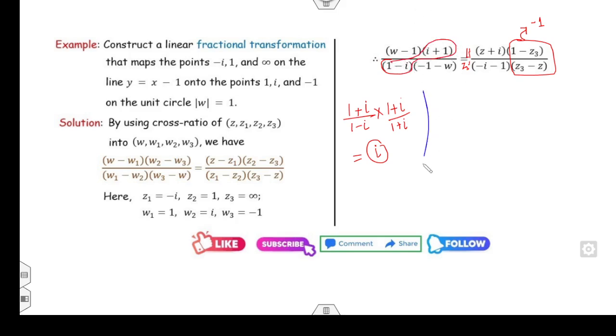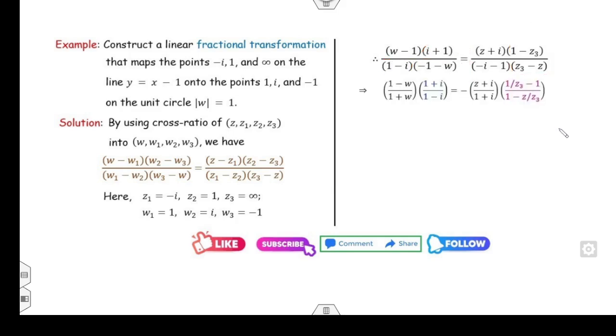So I can write this part as iota into W minus 1 over -1 minus W. This number will be -1, and the denominator becomes minus, common iota plus 1. Now you can simplify this. Now you can cross multiply them.